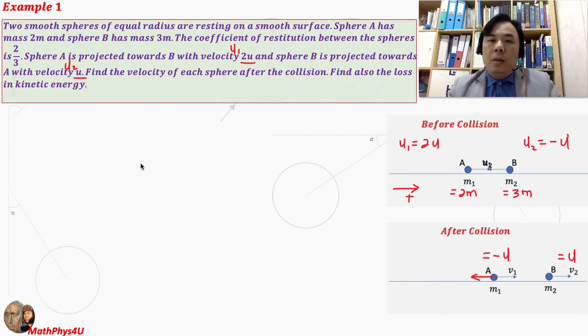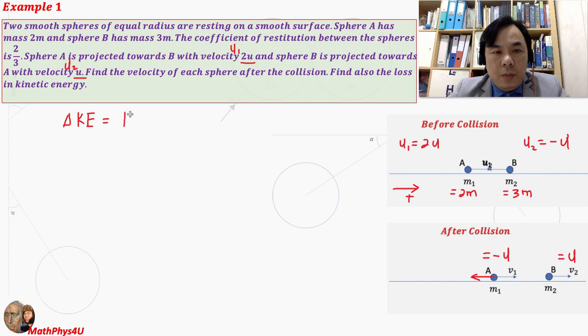All right. Now, in order to determine the loss of kinetic energy, we're going to determine the change in kinetic energy. So change in kinetic energy will be the final kinetic energy subtract off the initial kinetic energy. All right. So our final kinetic energy will be here.